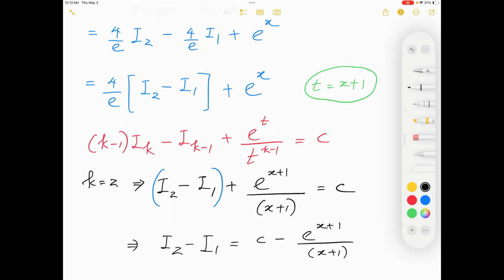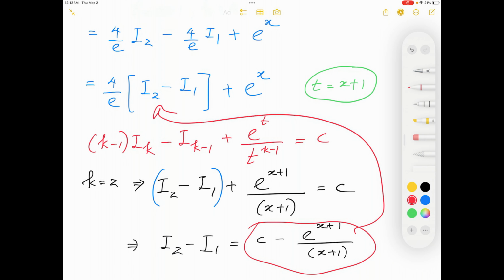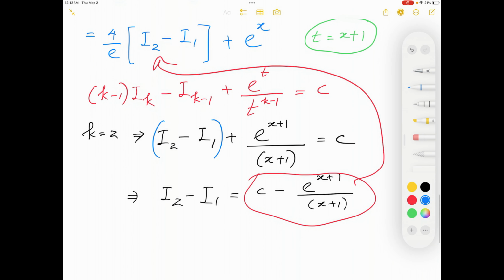Now we can substitute all of these right here and obtain our final answer. Therefore, our final answer is going to be equal to 4 over e, within brackets we write c minus e raised to the x plus 1 over x plus 1, close brackets, and then I have a plus e raised to the x.